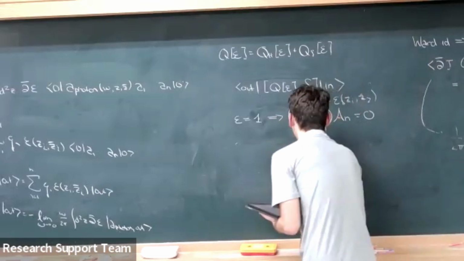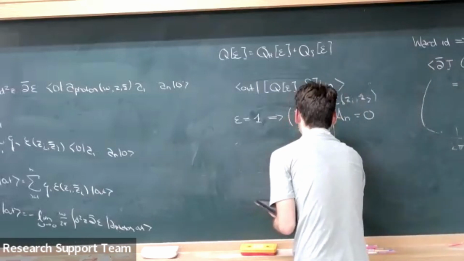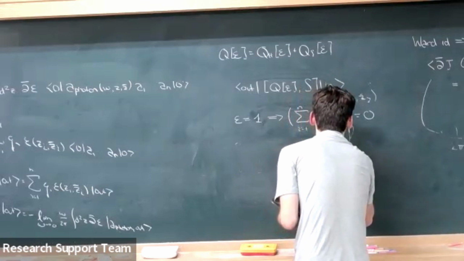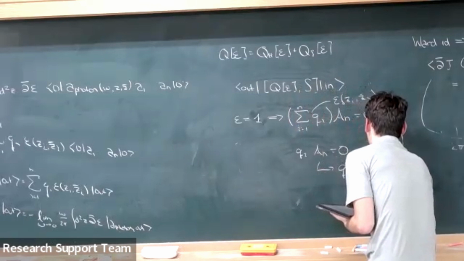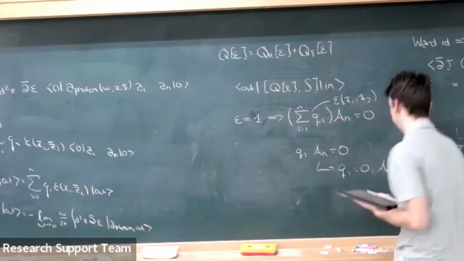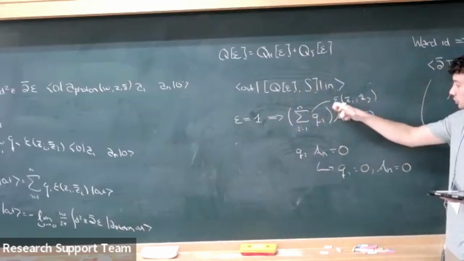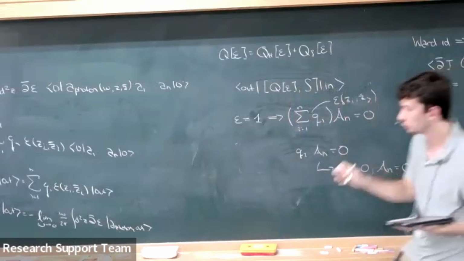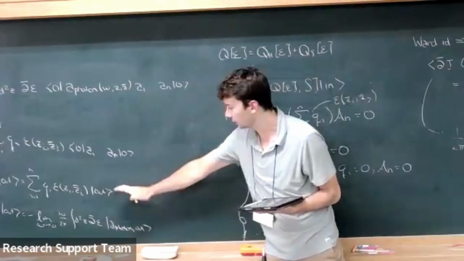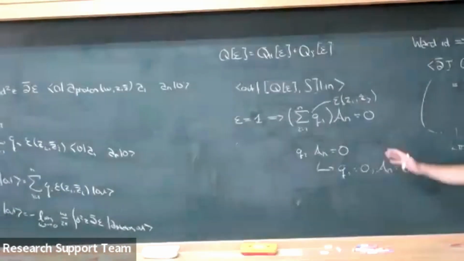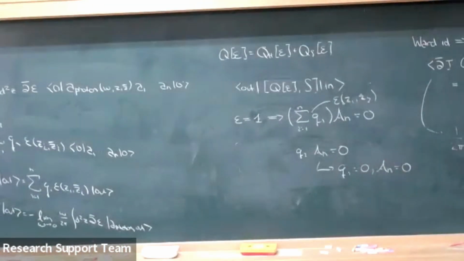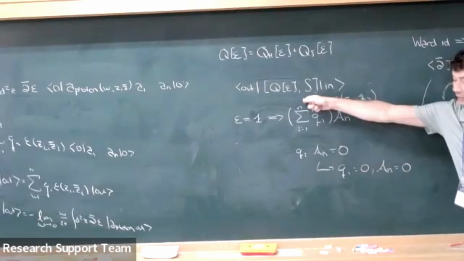So now it looks like you would get something like Qi, just for a single i, times An equal to 0. And this would be bad because this would mean that Qi is equal to 0 or An is equal to 0. Okay. But in fact, when you choose such a non-trivial epsilon, you don't just get the hard charge only. This is compensated by the soft charge as well. So indeed, the conservation law that you get is something like an angle-dependent conservation law, where you smear against these soft photons so as to ensure that indeed you have conservation.